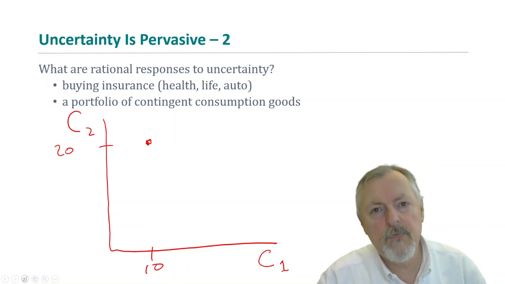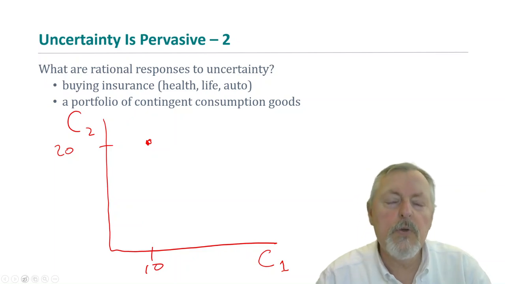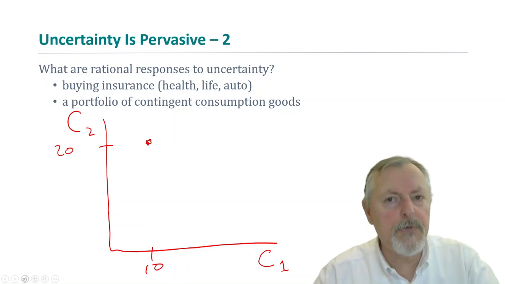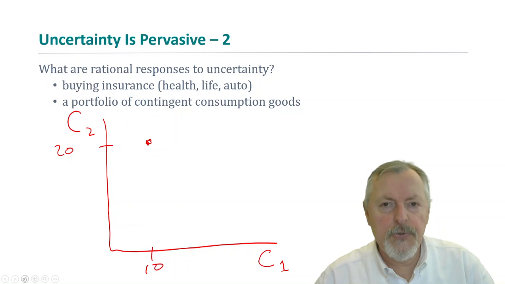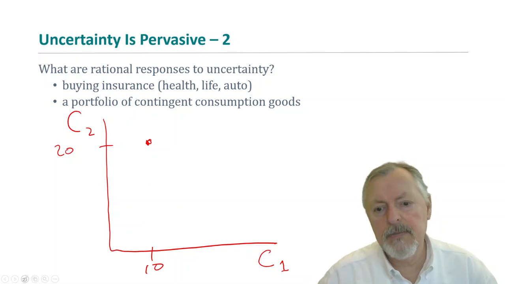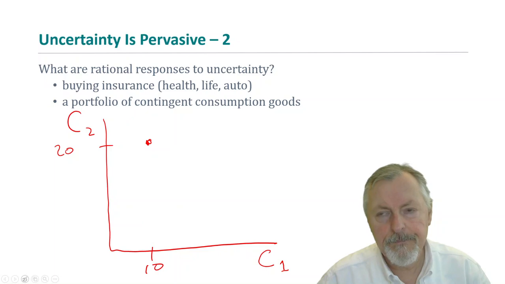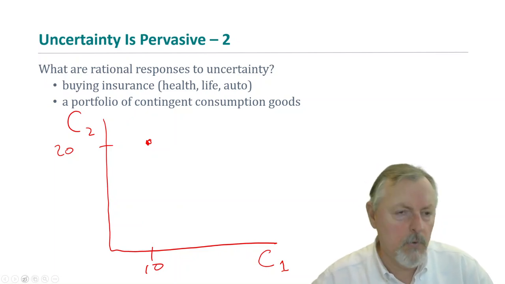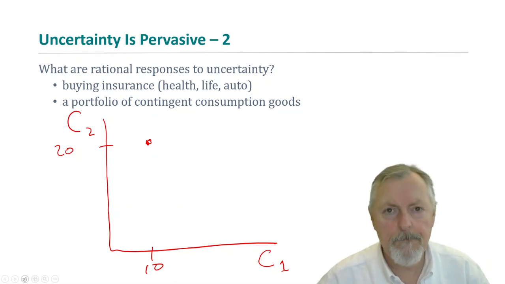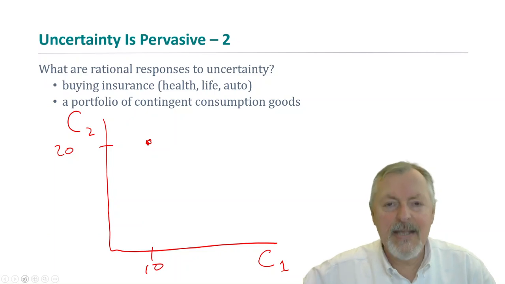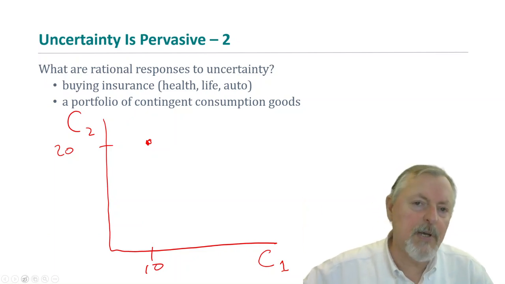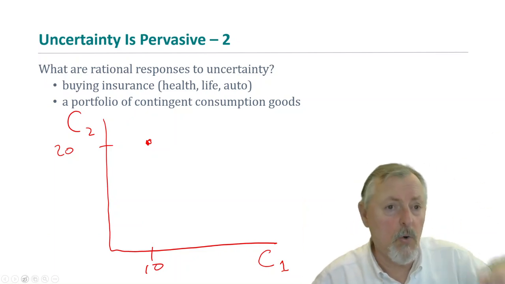But before the coin is flipped, you can think of these two possible futures as two different commodities, apples and oranges, Coke and pizza, heads of cabbage if the coin comes up this way, heads of cabbage if the coin comes up that way.